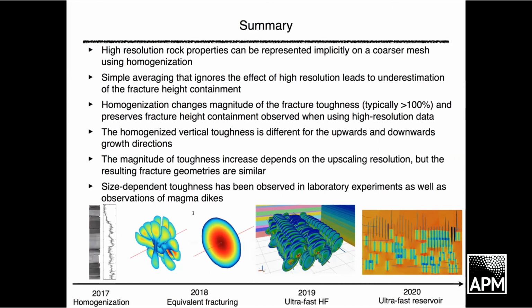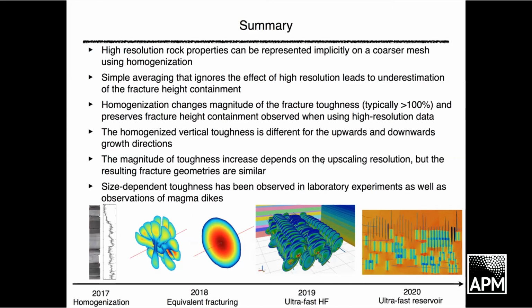And this preserves the fracture height containment which we would have if we used high resolution data. The magnitude of the toughness increase also depends on the resolution. If you upscale 1 millimeter data to 1 centimeter, you're probably not going to see much change. If you upscale millimeter data to 1 meter or 10 meter resolution, you're going to see a bigger change.